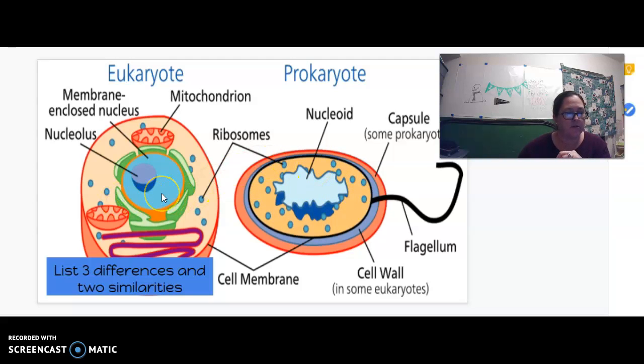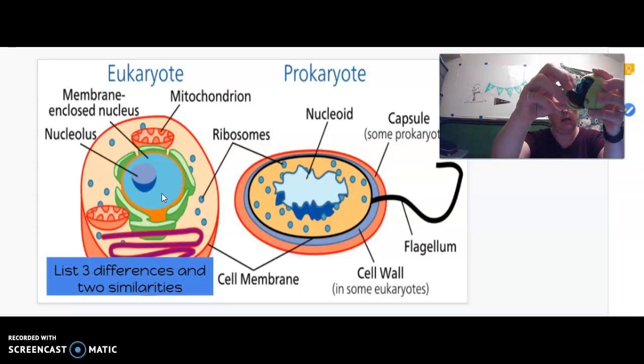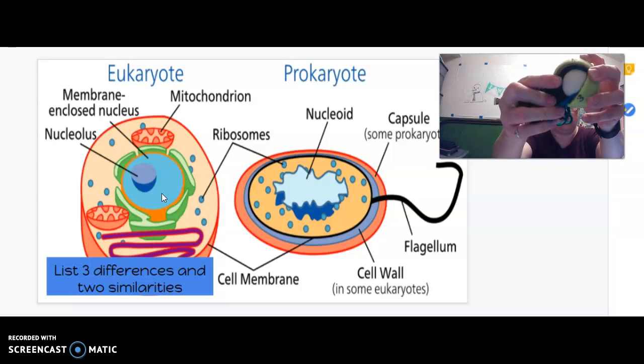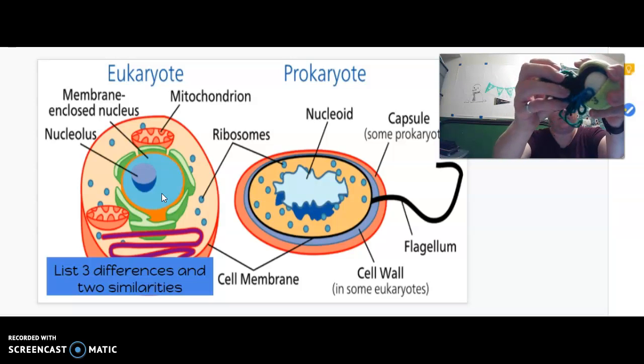And inside the nucleus, we have, just pretend this is my nucleus, and we've got some DNA in here. It's just hanging out, and right now it's called chromatin. And then inside we also have a nucleolus, which is where ribosomes are made.